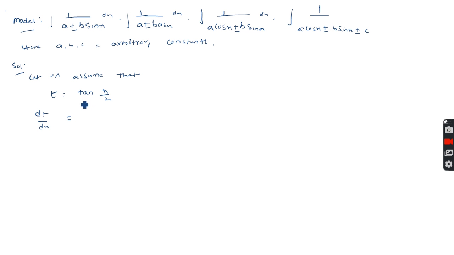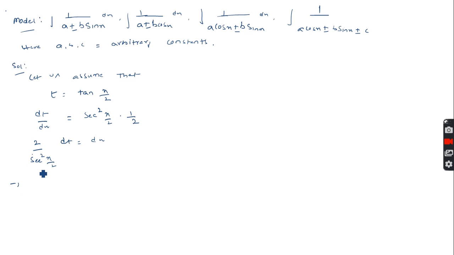We know that the derivative of tan is secant square x by 2, and again we differentiate x by 2, we get 1 by 2. So we need to find dx, that is 2 by secant square x by 2 into dt is equal to dx.